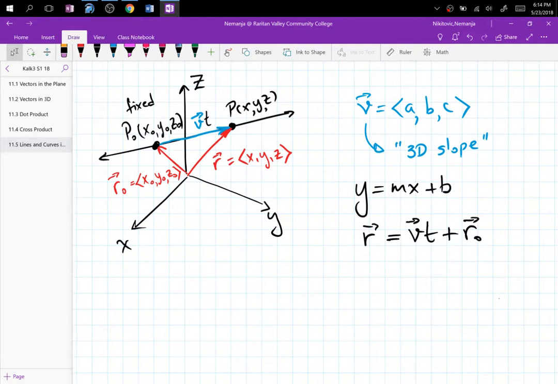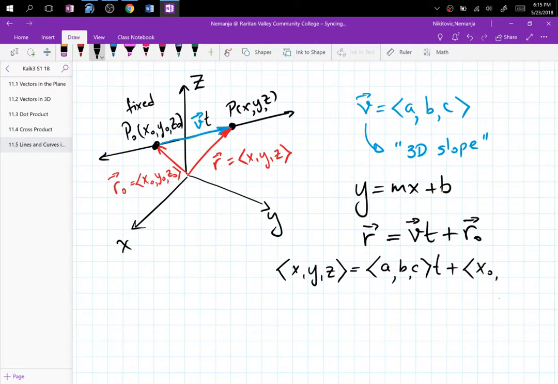So, since I want this to be defined for 3D, I'm going to say that my vector r is the vector x, y, z, equal to vector v, previously defined as a, b, c, times t, plus vector r0, which is x0, y0, z0. Guys, that's the point that is given. You know that there's going to be a problem: write the equation of the line that goes through point 307.